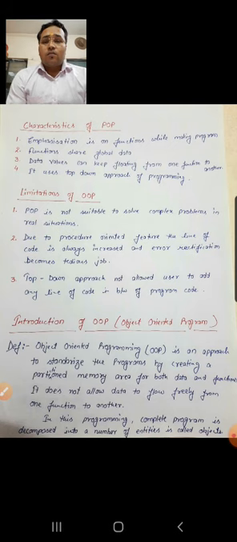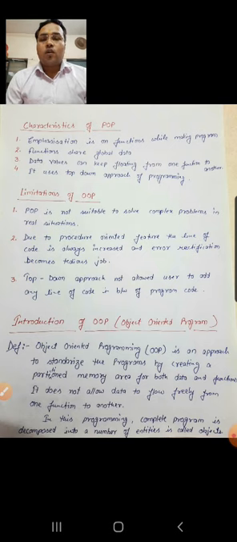Object means we can say that now we have some goals. The user requires or gives us some goals. According to that, we make our programming.